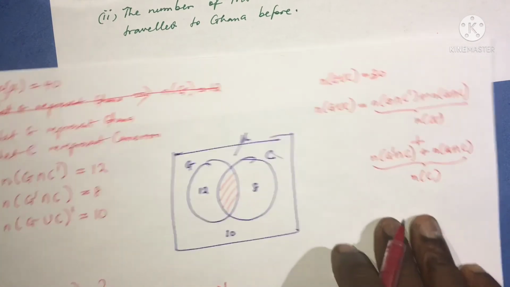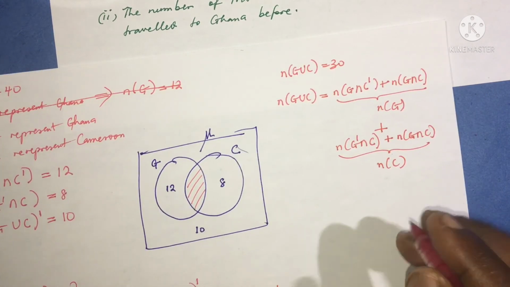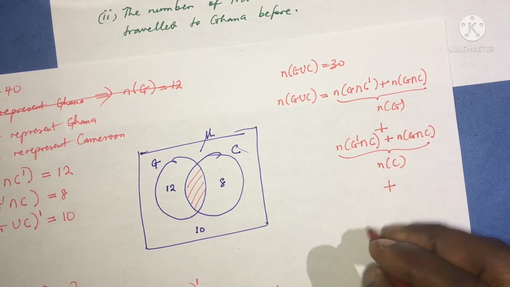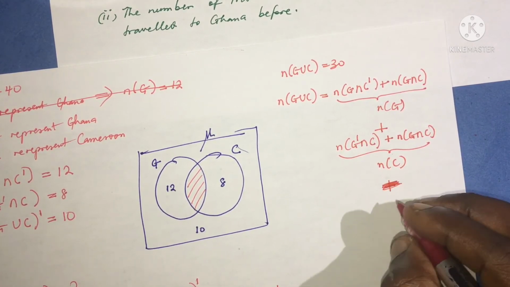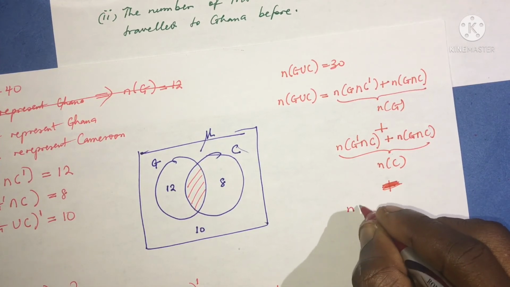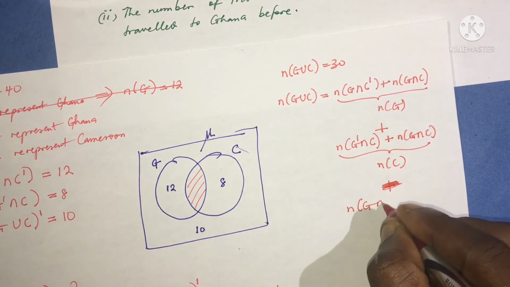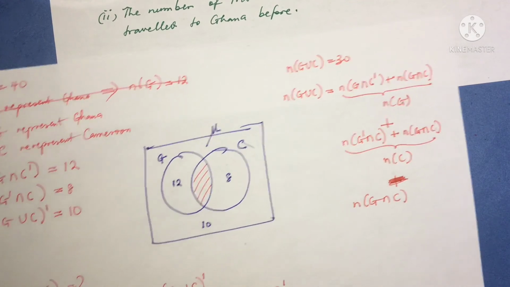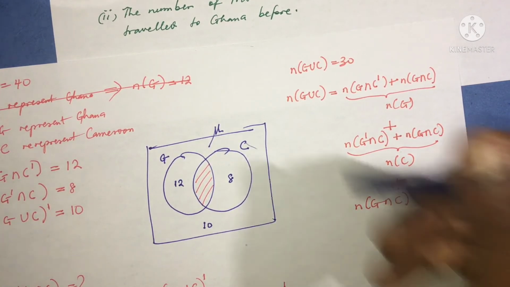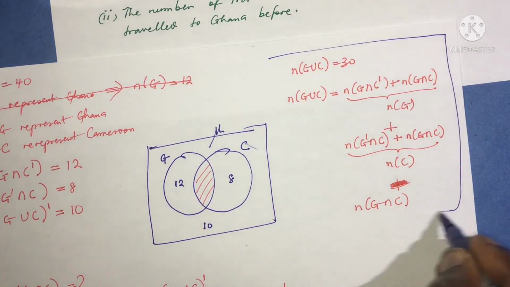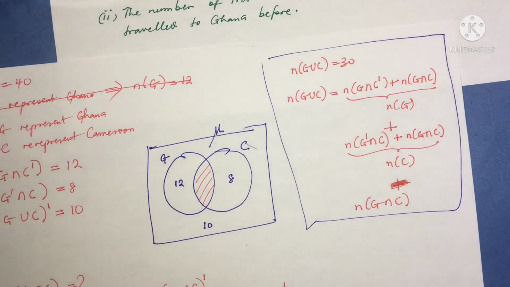I want you to verify this and understand what is actually going on. Then we will now subtract the intersection, which we really want. So now let's see, based on this decomposition, what happens.